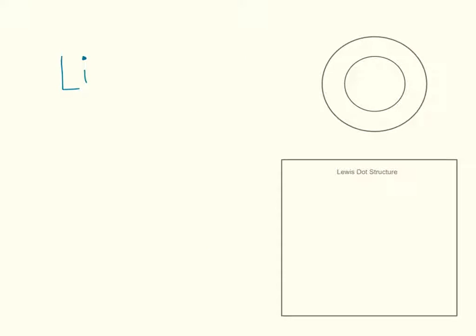Alright, so if we look at lithium, lithium has 3 electrons total. The first 2 are going to be right here, and the last one is going to be out here.